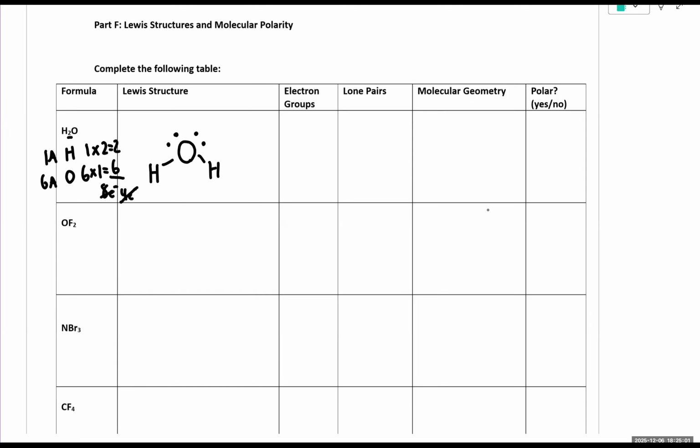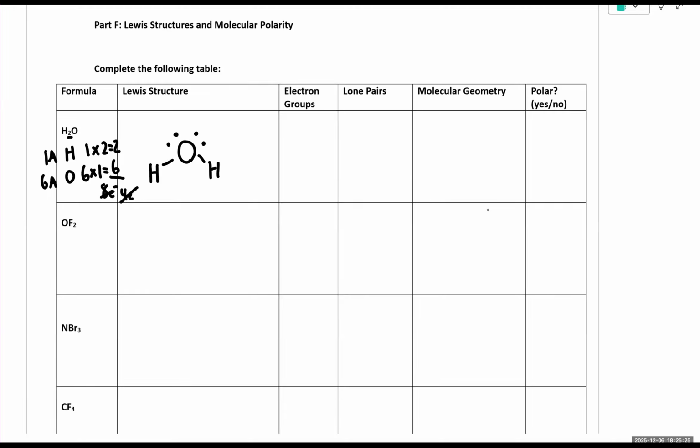As we can see, 2, 4, 6, 8. Hydrogen only wants 2 valence electrons, which is accounted for here by the fact that each hydrogen has 1 bond to oxygen. Each hydrogen has 2 electrons to its name. So we fulfilled the octet rule on all of our elements, so we are good to go.